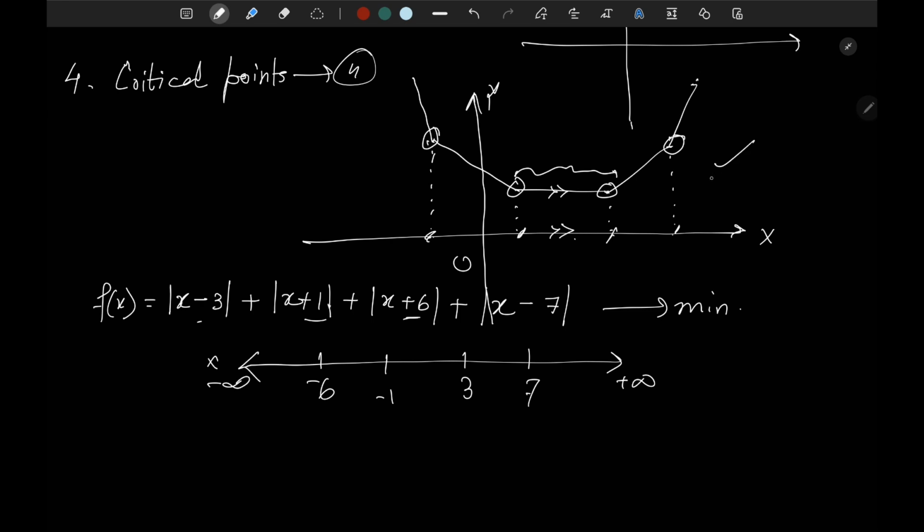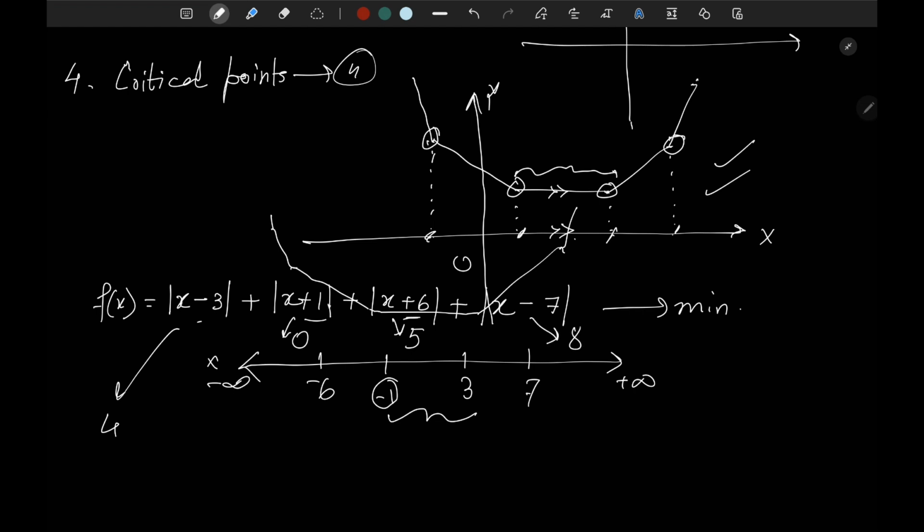So from this one, we can say that your minimum value will occur at any point within this middle interval, because the graph is looking like this, right? So for example, take minus 1. What is the value? This will give you 4, this will give you 0, this will give you 5, and this will give you 8.